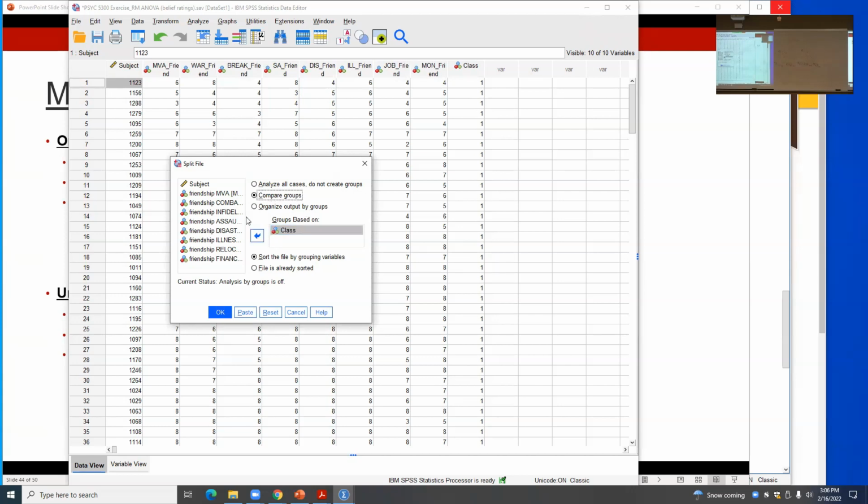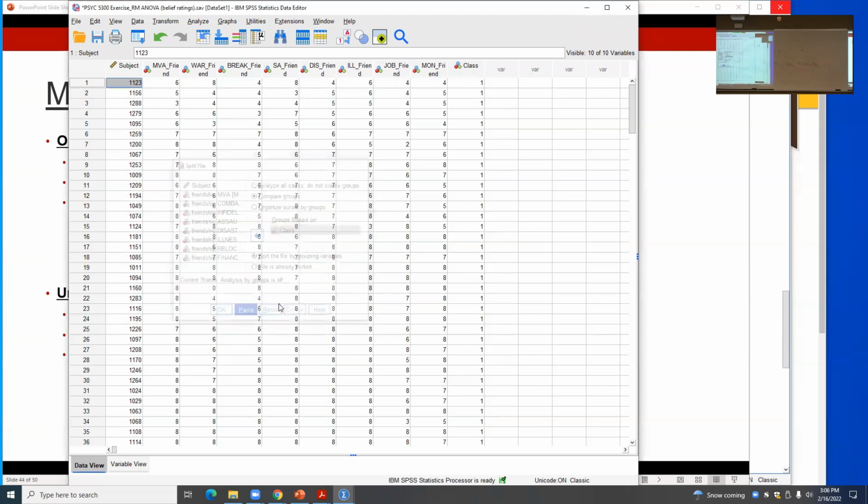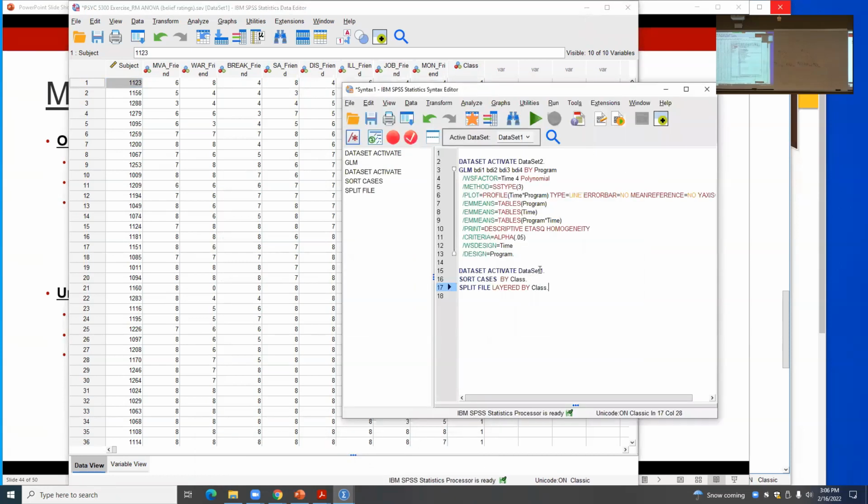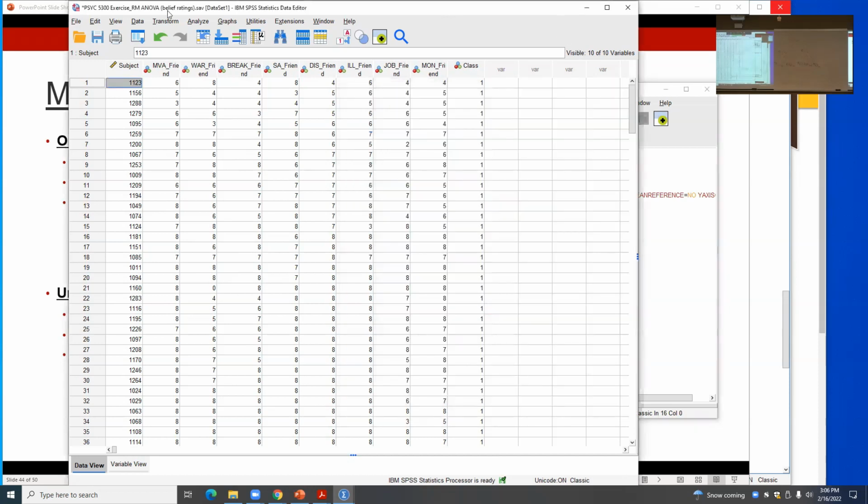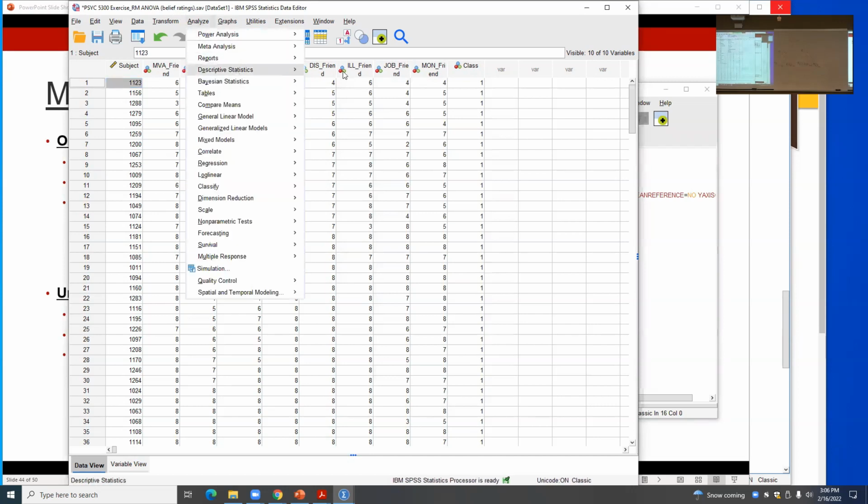We'll do compare groups, compare groups by class. Okay, I'm going to hit paste. This is not shocking or interesting. You've done this across the board with all of your other screenings with your ANOVA stuff, your t-tests, and all of that.